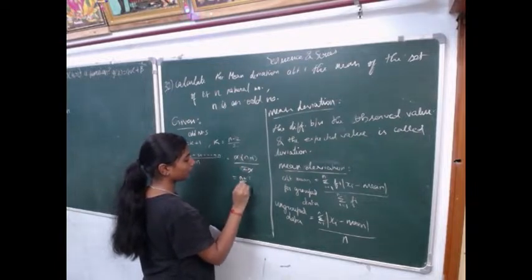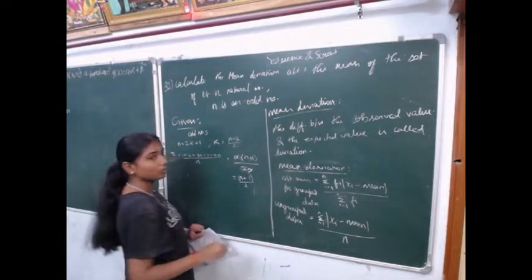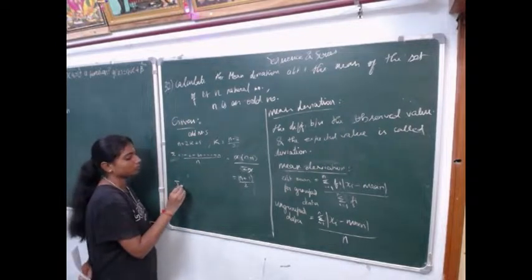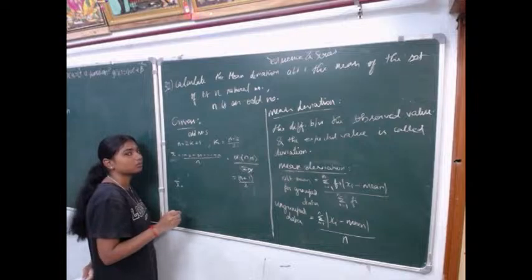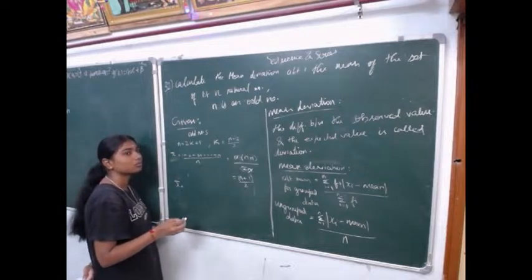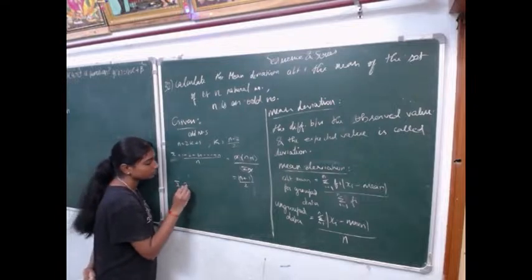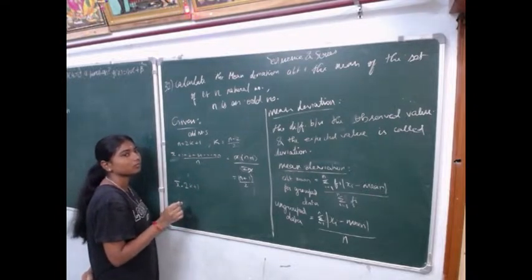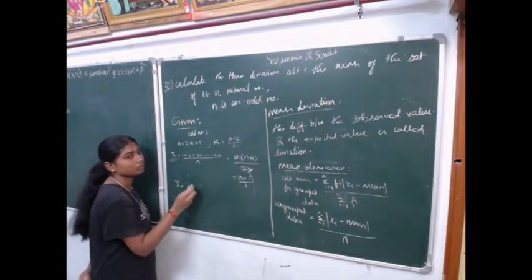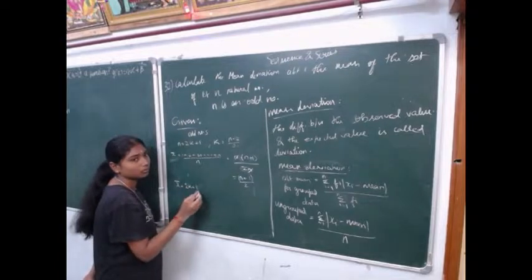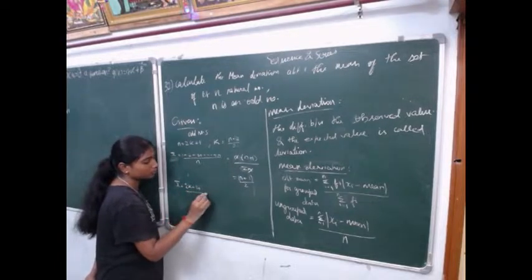Therefore, x bar can be, right? Now n is equal to 2k plus 1. You can substitute here. So 2k plus 1 plus 1, whole divided by 2.